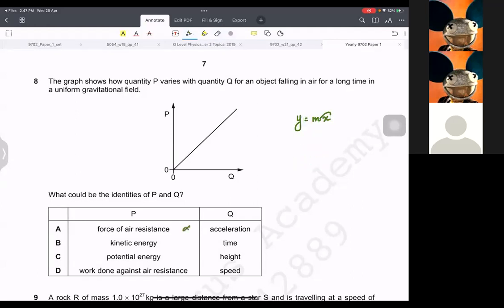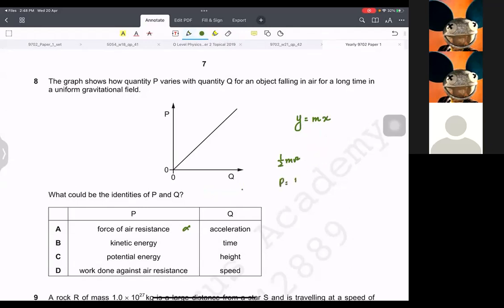A resistance formula is way different actually. It's 6 pi r eta v. That's not correct. Kinetic energy is half mv square. Kinetic energy and time doesn't make sense to me.